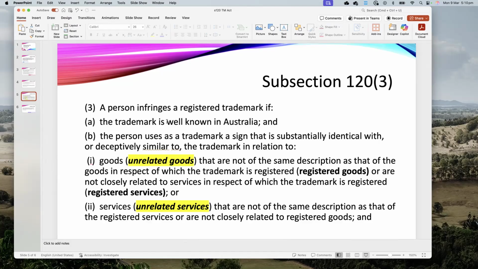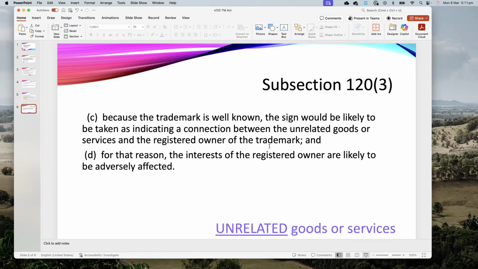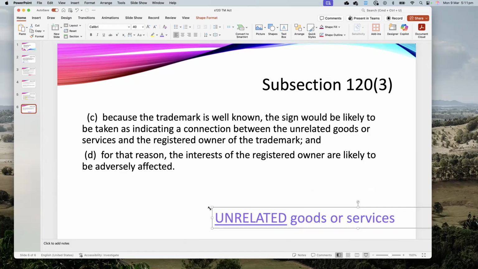It's hard to say what is well known and is not well known. It's a little bit subjective, but in general, it really does have to be very well known. And this is why they have to show that there is some sort of false association between the two marks that has happened here and that it has harmed the registered owner. They have to show these extra things because they are bringing this case in relation to unrelated goods or services.